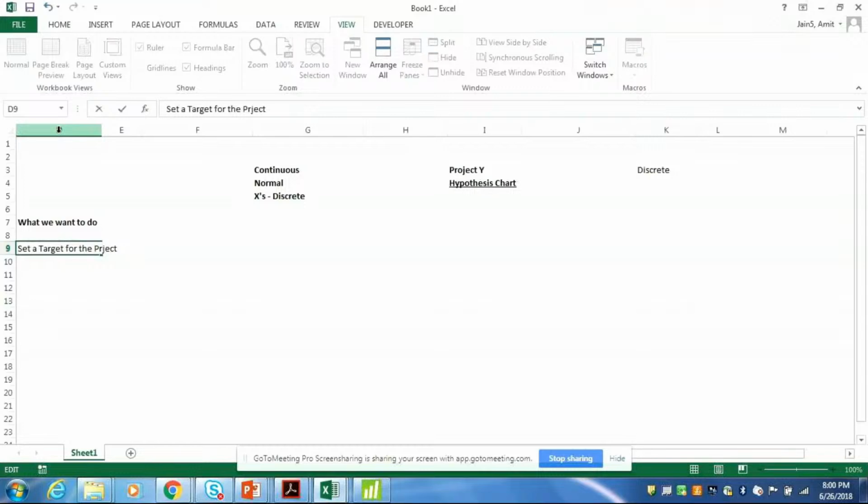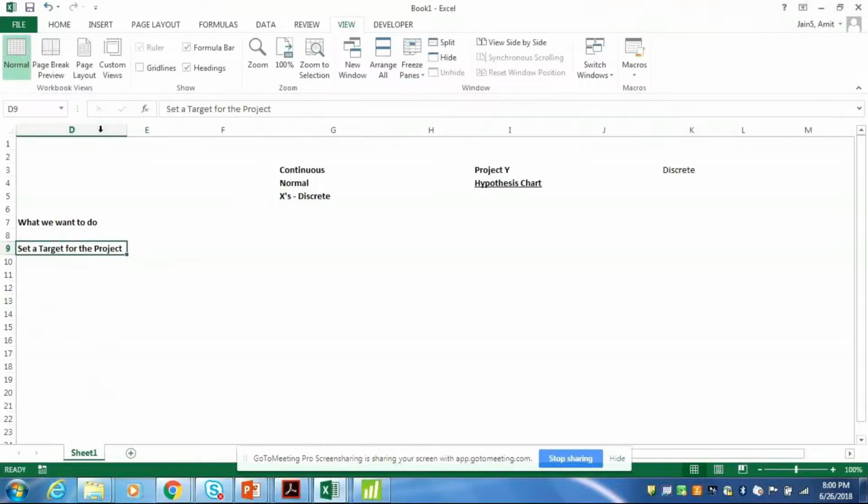AHT might be at a certain level, and we want to set a target for the project. What should be the target that you should be taking for that particular project? How would you do that?